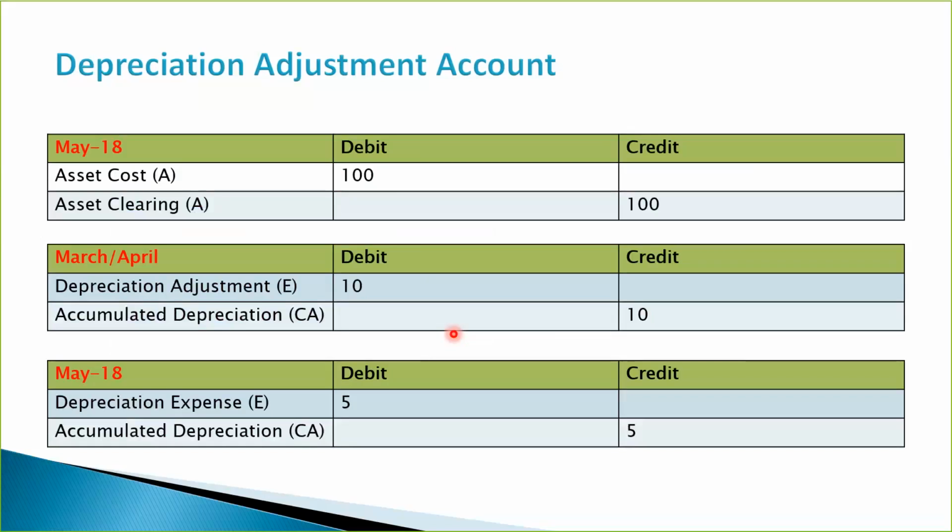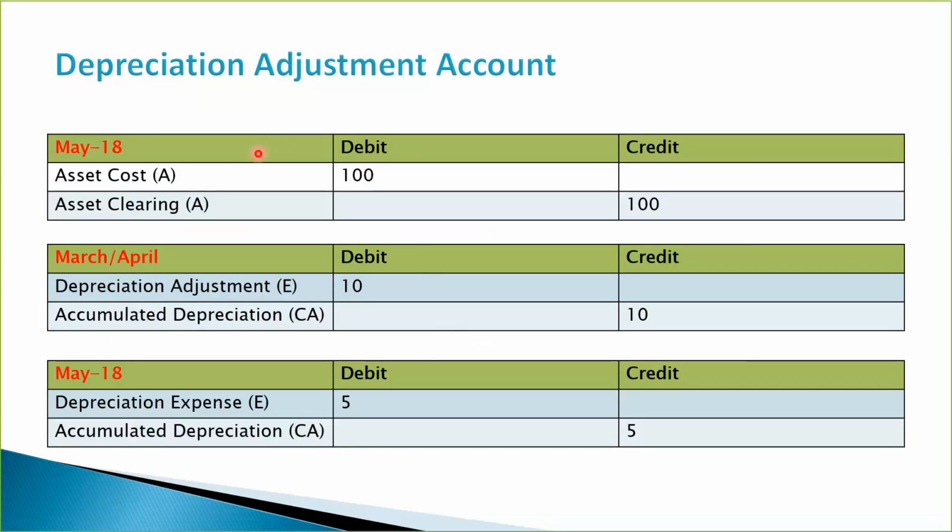So this is what I'm trying to show with this particular slide. The first journal entry or accounting entry is for asset addition. We took a look at this when we were talking about the retirement accounts for book controls. So this is what happens when you add the asset.